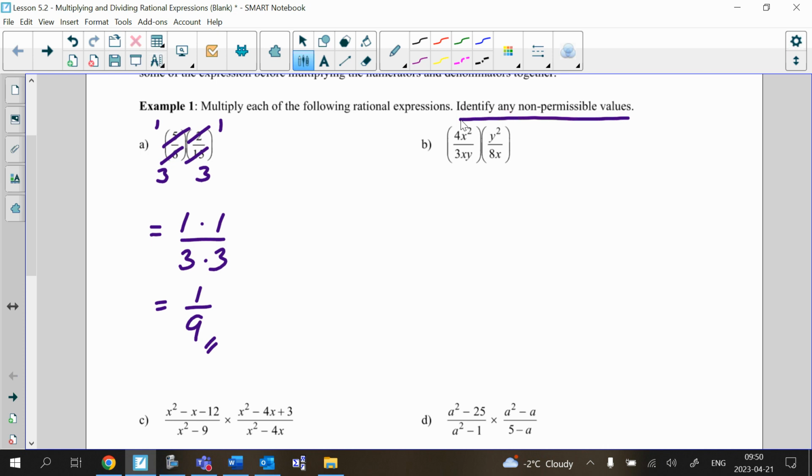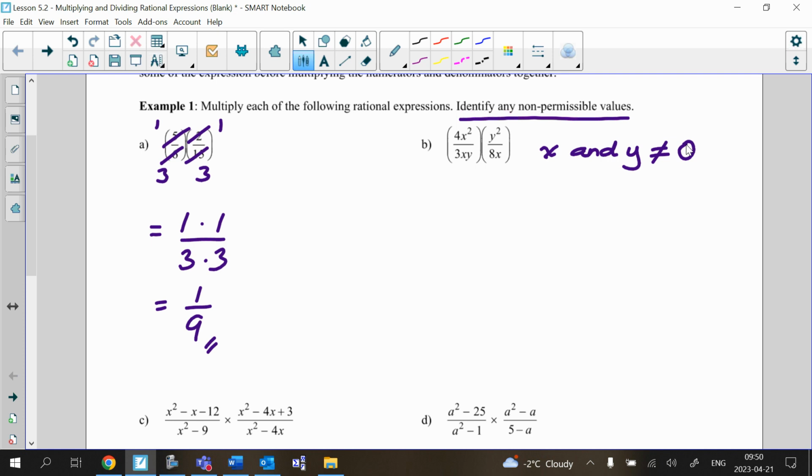Like if I plug 0 in here, it doesn't matter what 3 and y are. This is all going to be 0 and I can't do it. What about y? Y can't be 0 as well. So before we start reducing things, x and y cannot equal 0. NPV's, non-permissible values, equal 0. You could write it like that.